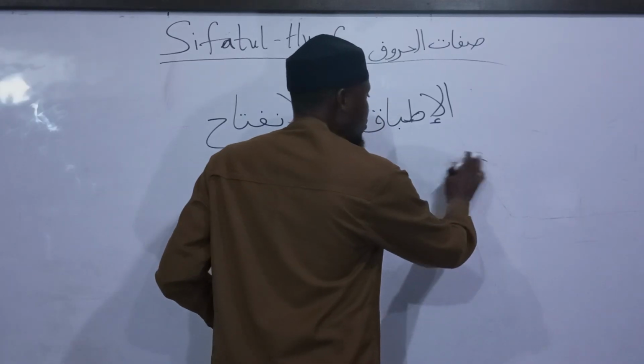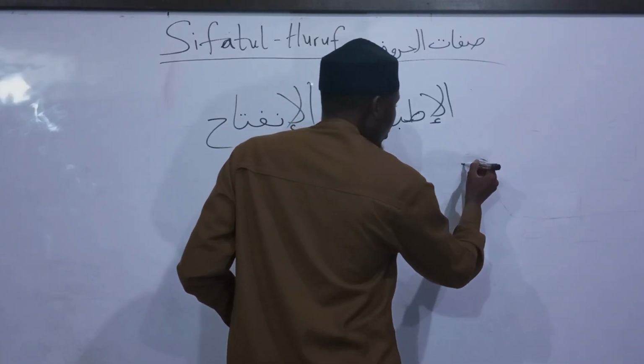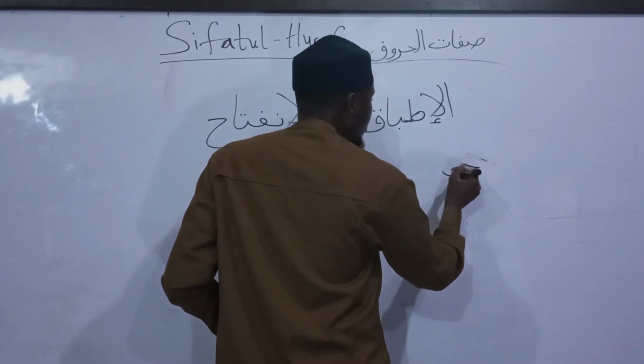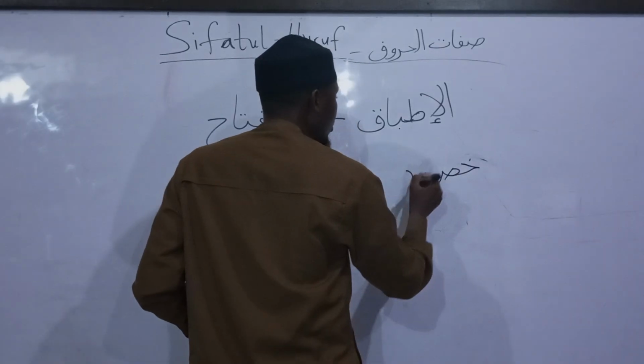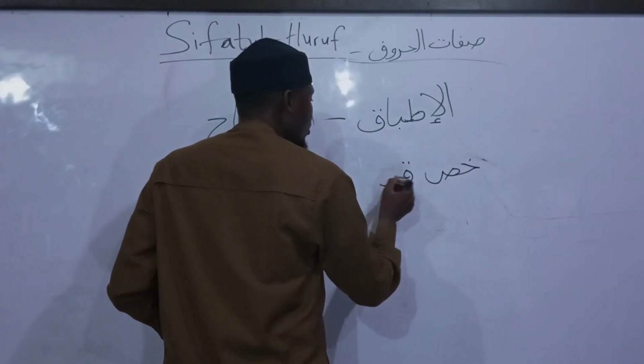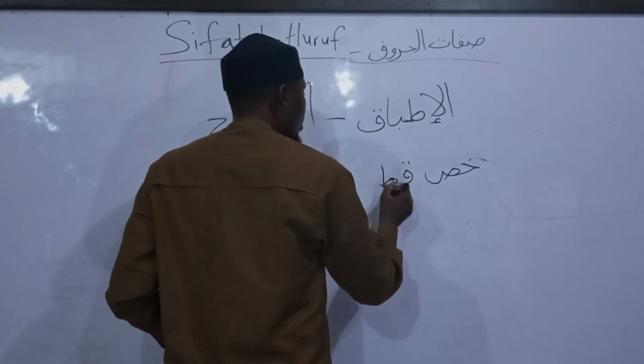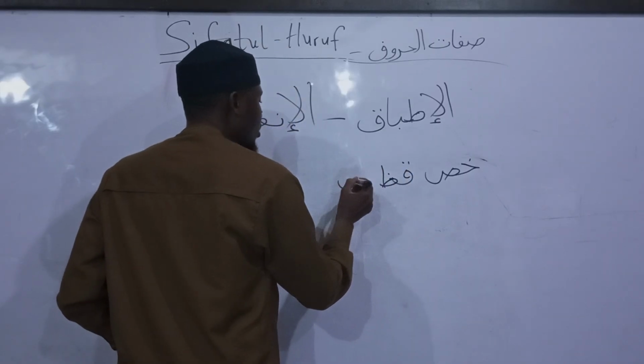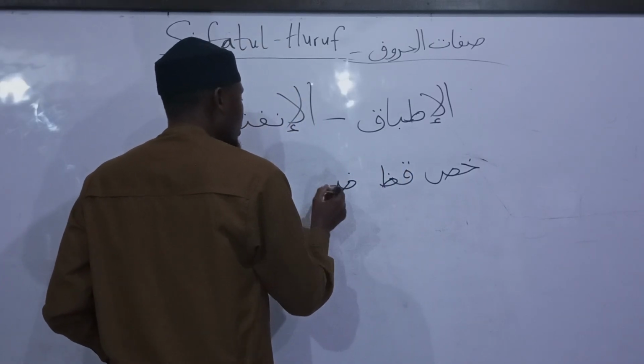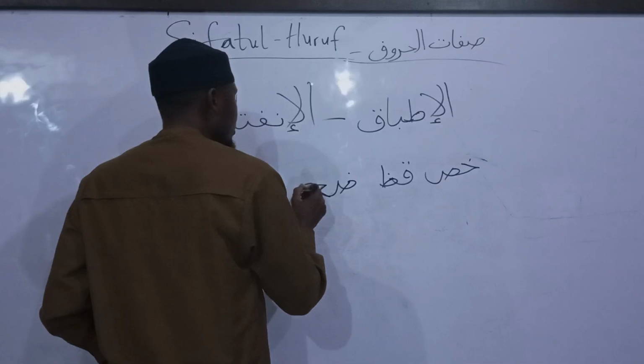Of the letters of isti'la, you remember, we said Kha, Sad, Qaf, Za, Dad, Ghain, and Ta.